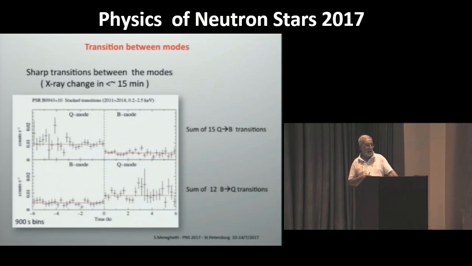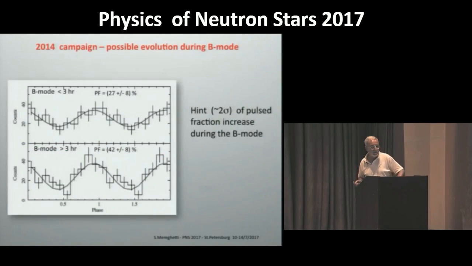The only thing that we could find is that if we take the B mode data and compare just the initial part of the B mode, the first 3 hours, with the last part of the B mode, after 3 hours from the mode switch, it seems that the pulse fraction increases.